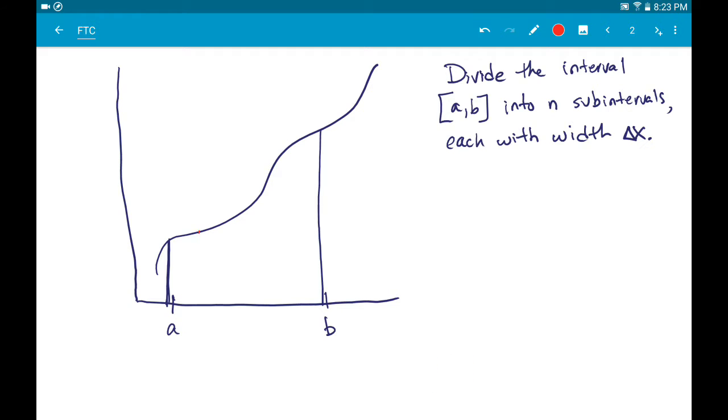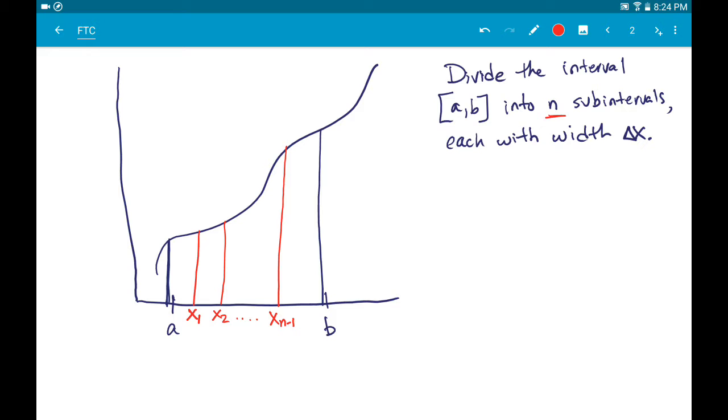And so if I draw a rectangle in here, I'm going to call this line x1, and I'm going to call this line x2, and then cram in a bunch here, and I'm going to call this line x n minus 1.